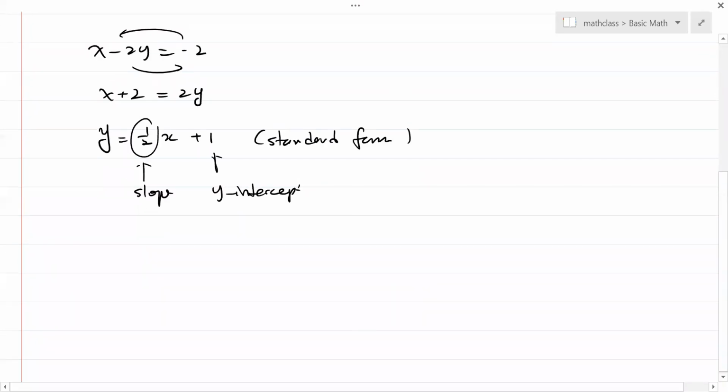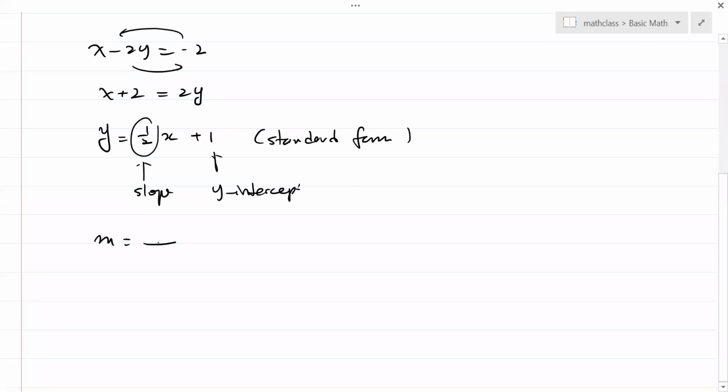So what does slope mean? Slope is 1/2. That means there is the change in y and change in x. So how can I draw the graph quickly using the slope? Okay, using the slope, first of all, the y-intercept. Okay, so this is (0, 1). Now slope is a ratio of the change in y and change in x.